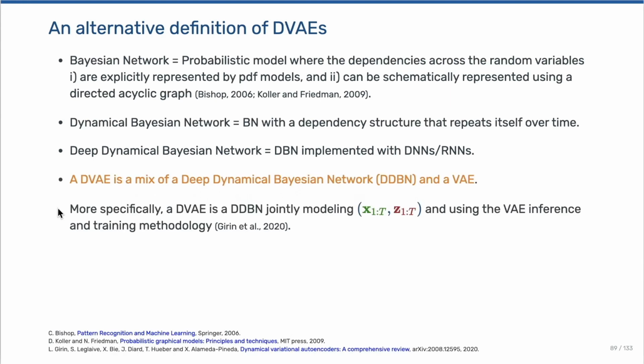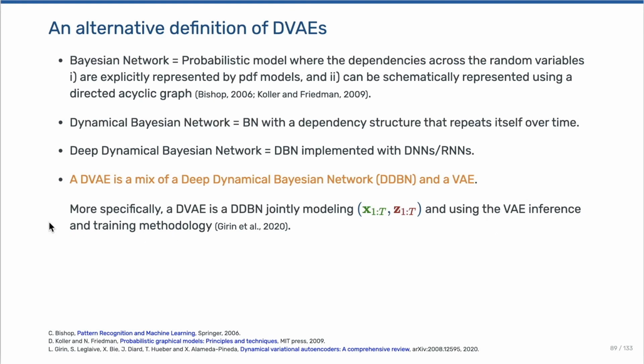And now we can say that a DVAE is a mix of a deep dynamical Bayesian network and a variational autoencoder. More specifically, a DVAE is a deep dynamical Bayesian network that jointly models an observed vector sequence and a latent vector sequence, and that uses the VAE inference and training methodology.